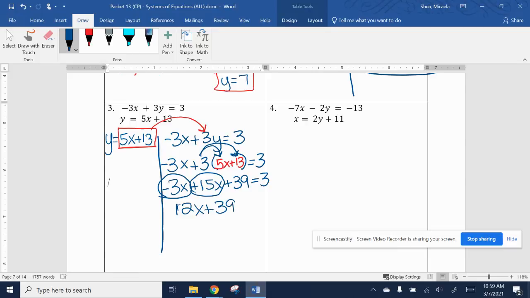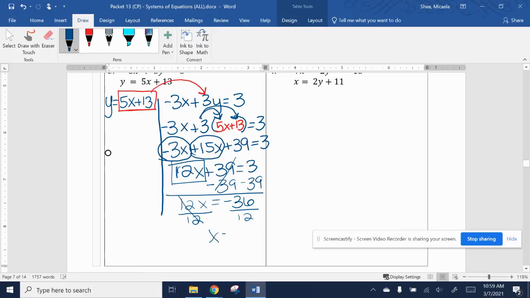Plus 39 equals 3. We want to get this 12x by itself, so we're going to subtract 39 from both sides. 12x equals negative 36. I'm going to divide both sides by 12. And we're going to end up with x equals a negative 3.